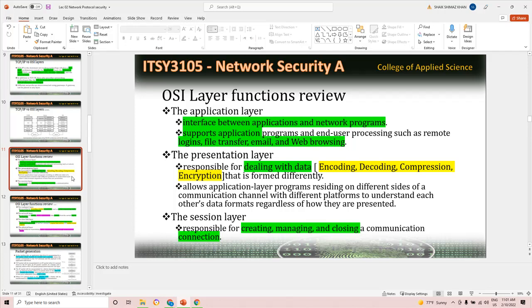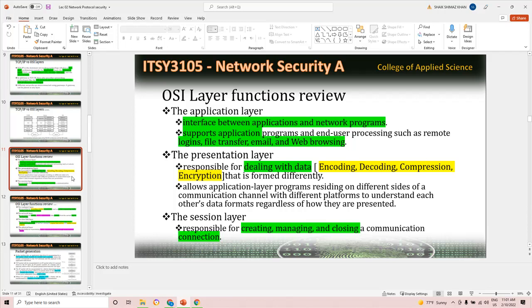The application layer is the interface between application and network program. It supports the applications. Then the presentation layer deals with data formatting. What is data formatting? Encoding, decoding, compression, encryption. These are examples.